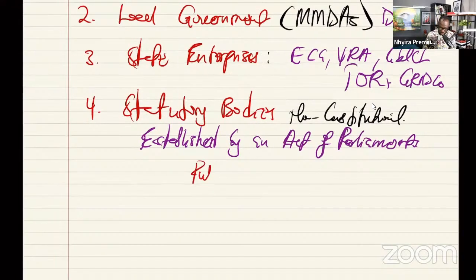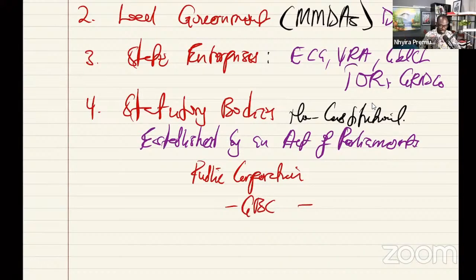All the public corporations were formed under an act of parliament, and so they become statutory bodies. The Ghana Broadcasting Corporation, the old GBC, is a statutory body. Then the Ghana National Petroleum Corporation, GNPC. Did I say state-owned? It is a statutory body, because it was established by an act of parliament, and there are other regulatory authorities as well.